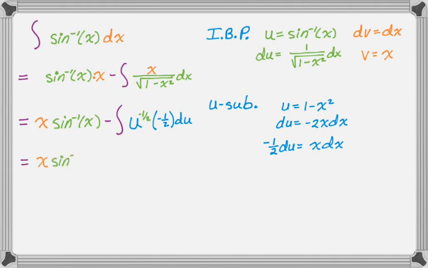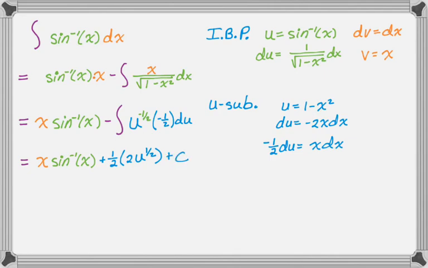First I'm going to pull out the negative 1/2 that's in there, so I'll get plus 1/2. And then it's u to the negative 1/2, so add 1 and then times the reciprocal. Add 1 gives you 1/2 for the exponent times the reciprocal, which is 2, so it's going to be 2u to the 1/2. And then don't forget your plus c.